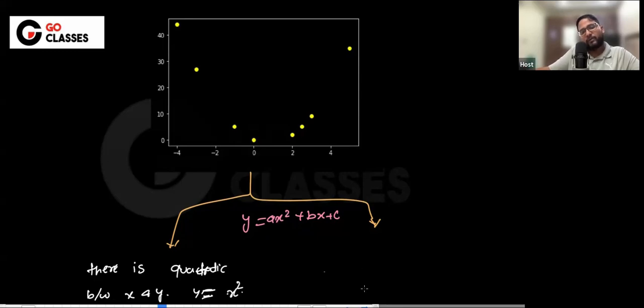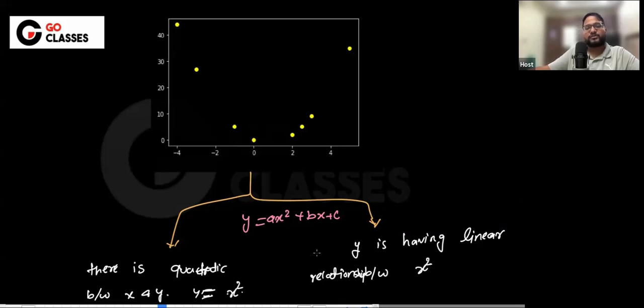The second way, can anyone tell me the second way to think about the same thing? The mathematics will remain the same, it is just how you are thinking. Yes, so we can say y has a linear relationship with x square.